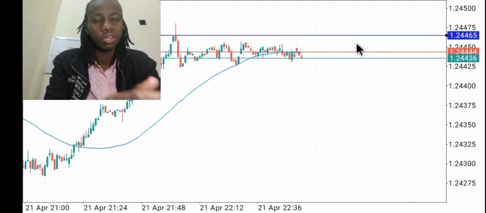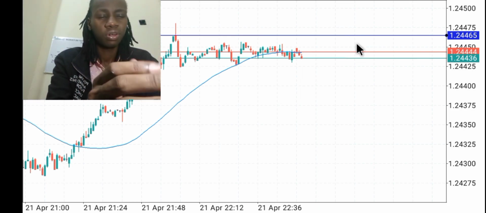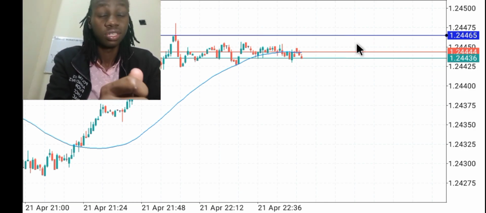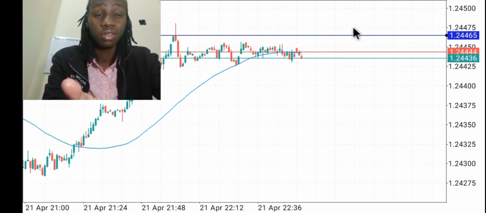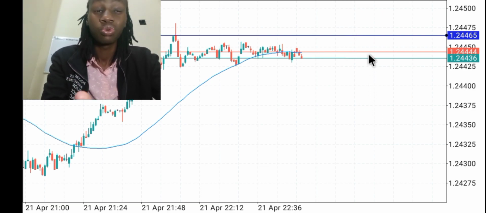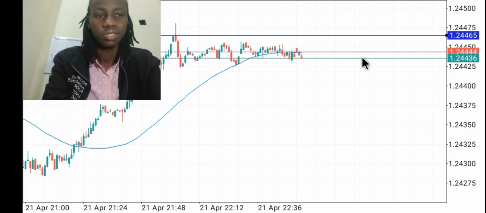So you're at your profits, you're at your targets, but because the broker has a very large spread, it won't be easy for you to hit the targets. You might see price reaching there and then going back down. So you already reached your target, but because of the spread of the broker, you did not take your target.